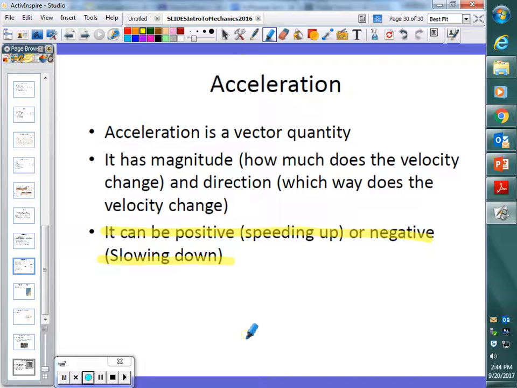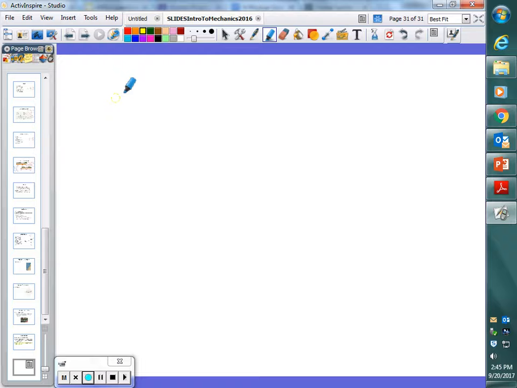This won't be a question on the quiz tonight, but let's talk about this statement. I will show you that positive acceleration doesn't always mean speeding up, and negative acceleration doesn't always mean slowing down. And it comes back to this.